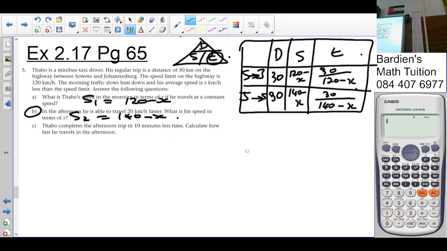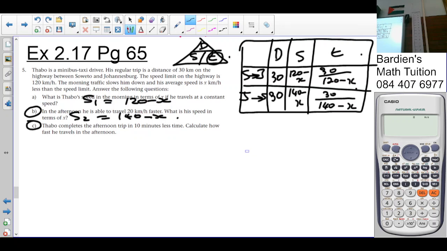So the question says Tabu completes the afternoon trip in 10 minutes less. So if I subtract the two values, I must get 10 minutes. The difference between the trip in the morning and the trip in the afternoon is 10 minutes. Not so?